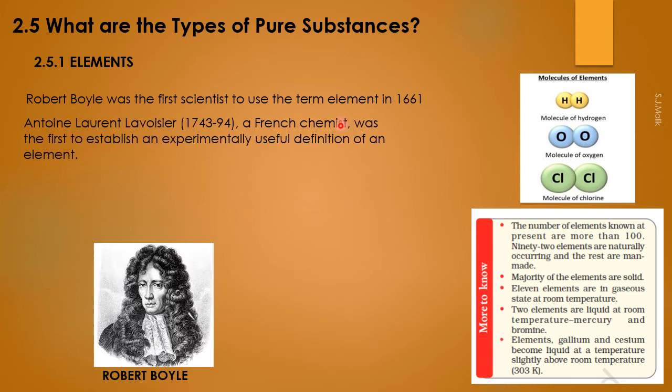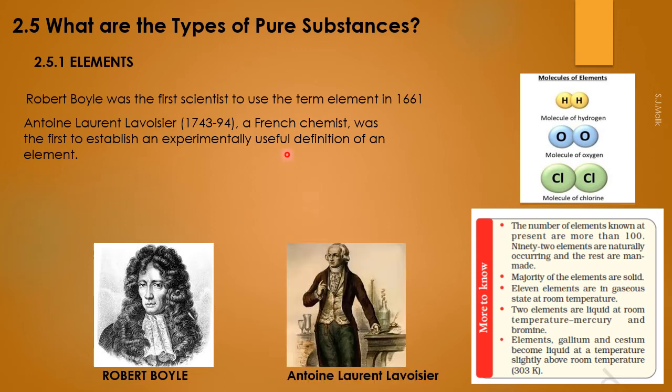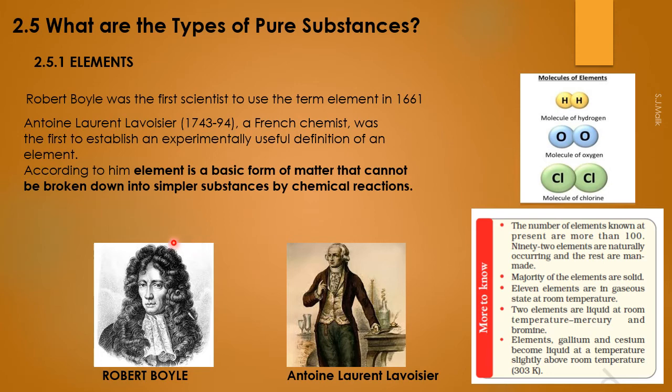And then Antoine Laurent Lavoisier, a French chemist, was the first to establish an experimentally useful definition of an element. According to him, what is the element? Let us see. He is Lavoisier. Element is a basic form of matter that cannot be broken down into simpler substances by chemical reactions. This is the definition of element given by Lavoisier.